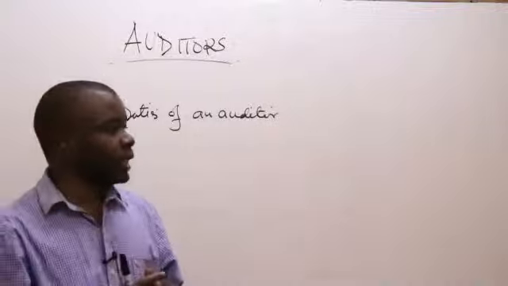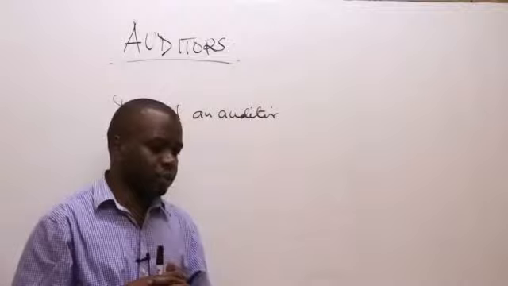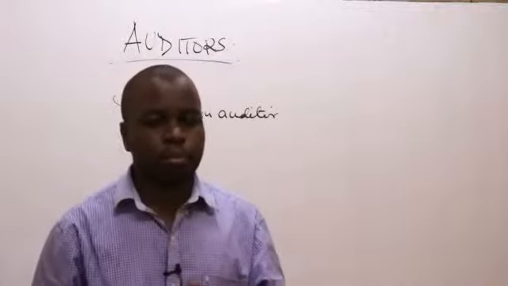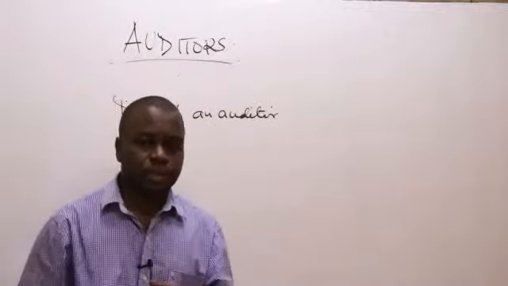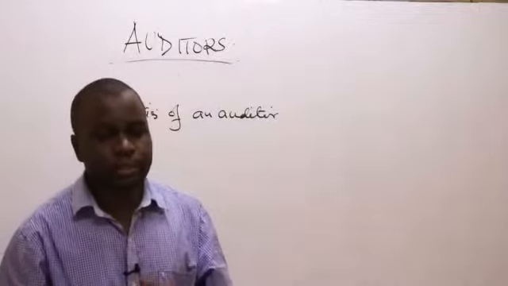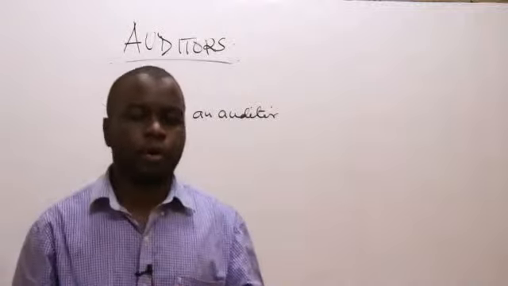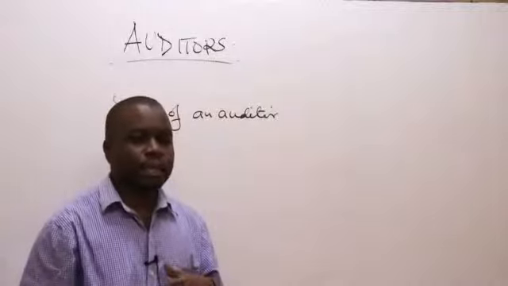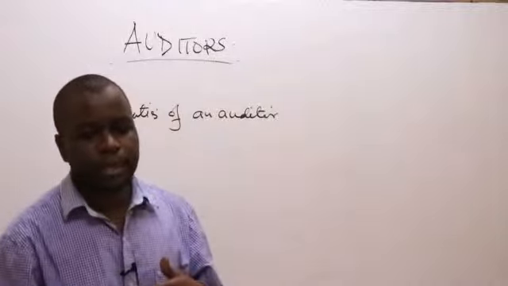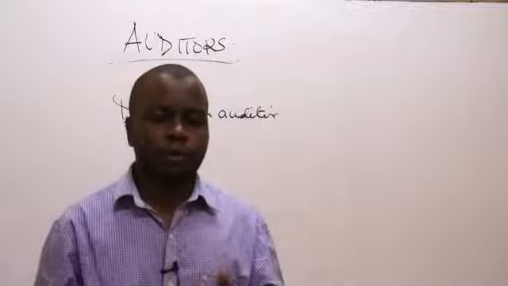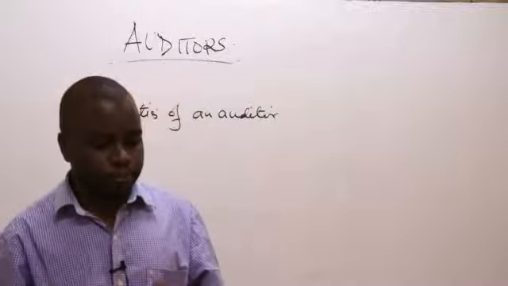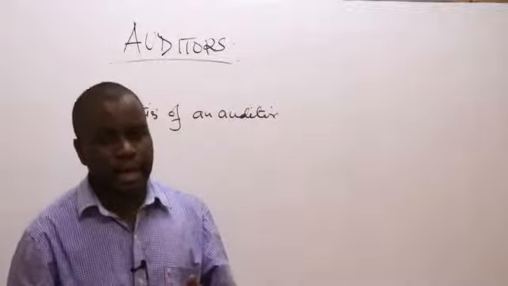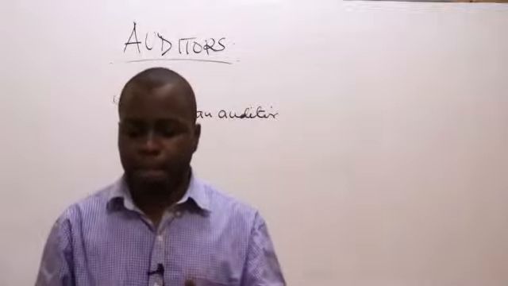So of course the key duties or the key roles while he's carrying out his audit work is to ensure, number one, he's acquainted with himself or his work or his roles under the articles of the company. Then number two, which is very key, is to lay before the members of the company at the AGM the accounts of the company and explain to them what was happening in the company in terms of the accounts that have been prepared by the company.